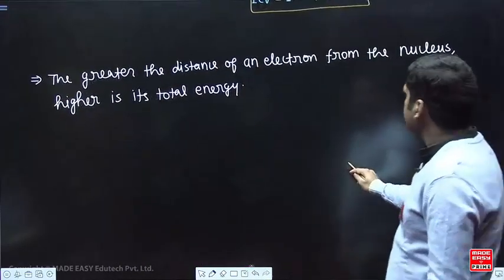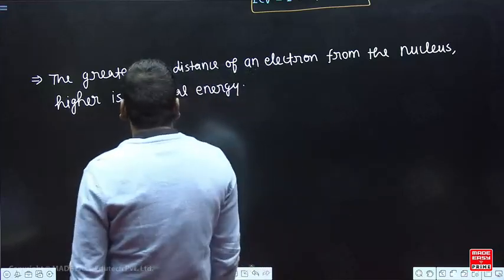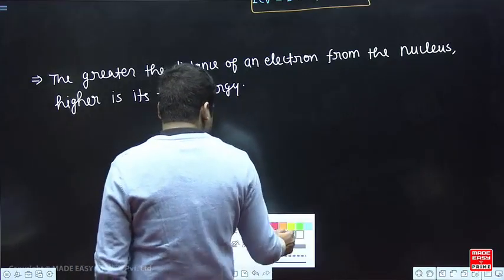The greater the distance of an electron from the nucleus, higher is its total energy. Next point.